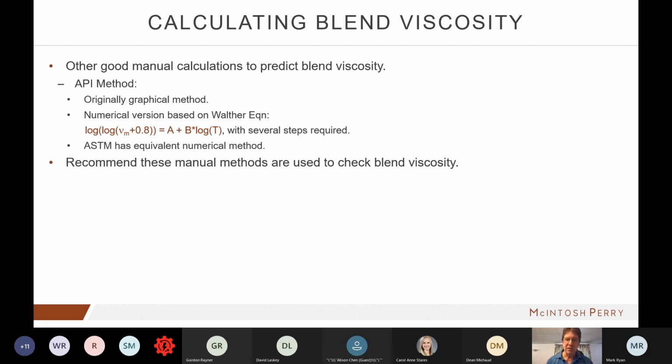And of course, that doesn't look unlike what was happening in the Refutis method as well. ASTM also has an equivalent numerical method for doing this, very similar to the API method. So I would strongly recommend that you use these methods to actually calculate blend viscosity values rather than your simulator.